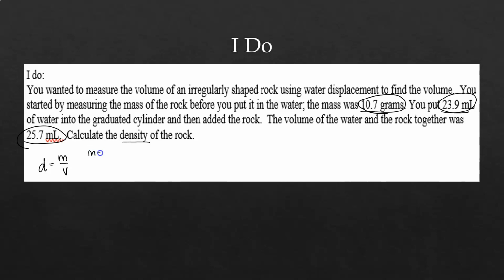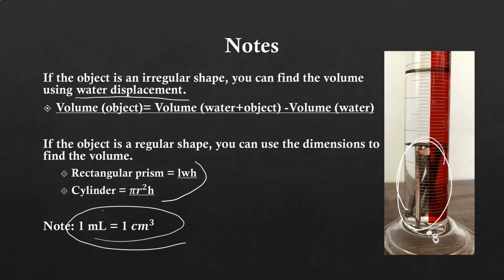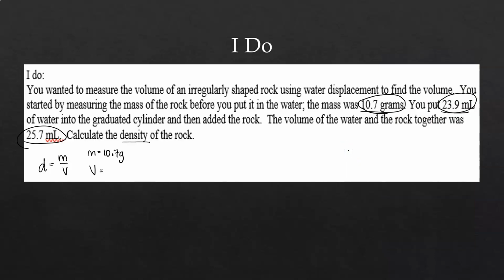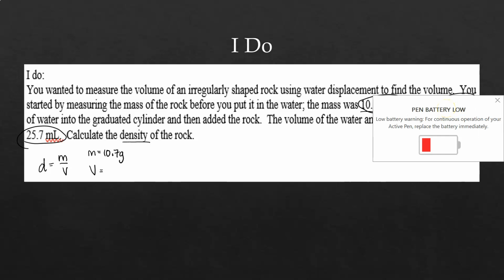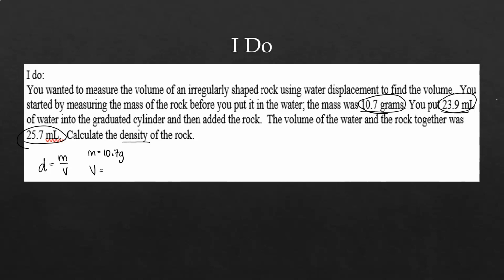It tells us that we measured the mass to be 10.7 grams. Volume, we don't know exactly, but we know from this slide that it's the water and the object minus the volume of water. So water and object was the bigger one, which is 25.7 milliliters minus 23.9 milliliters.